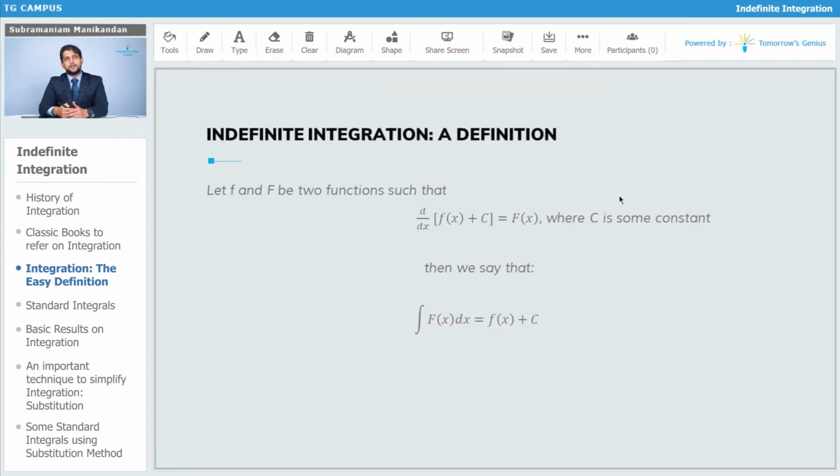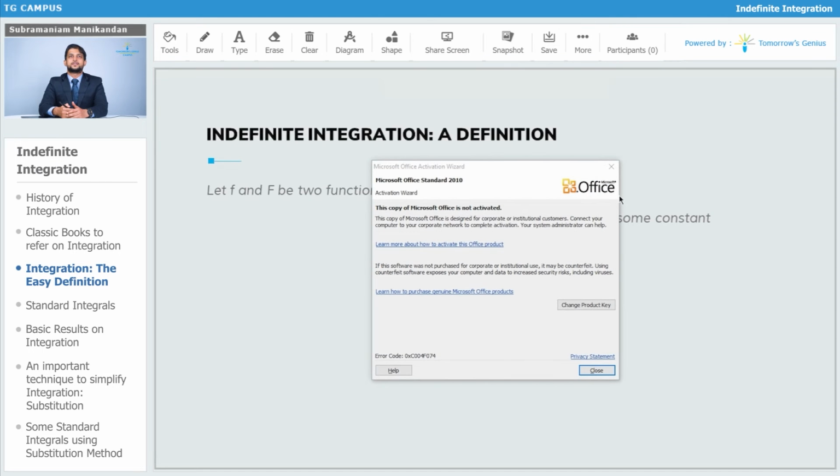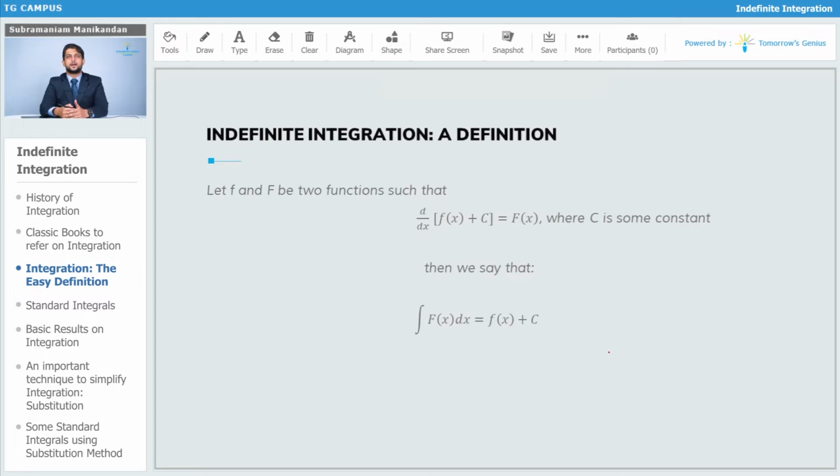Let small f and capital F be two functions such that the derivative with respect to x of small f(x) plus a constant c equals capital F(x).